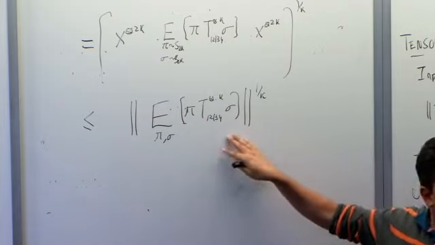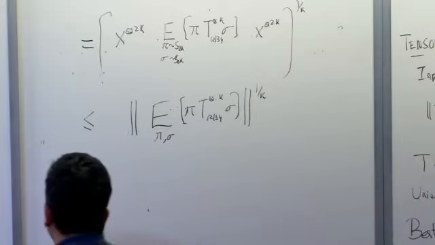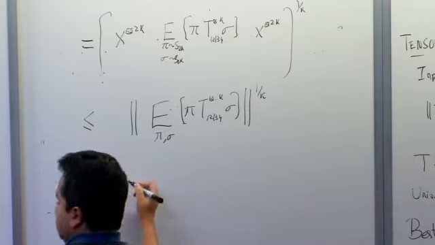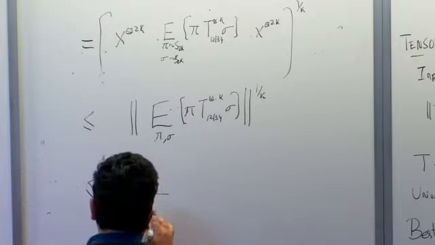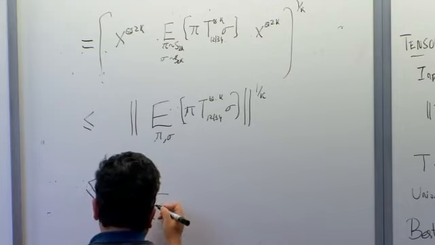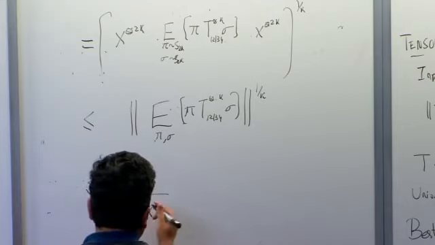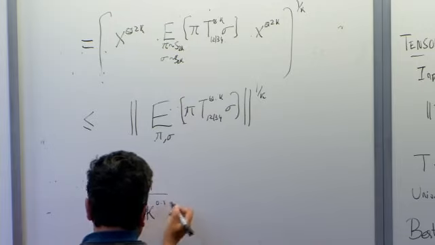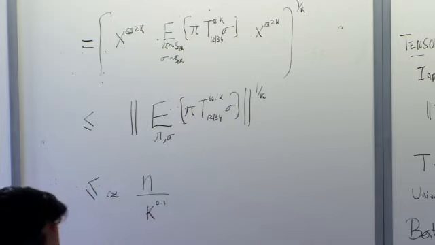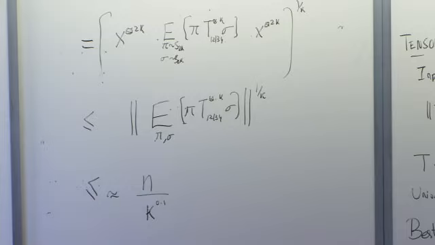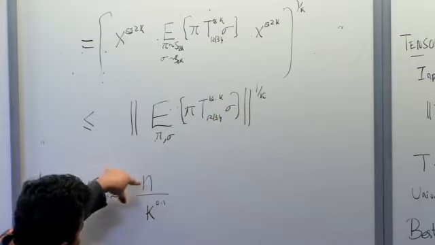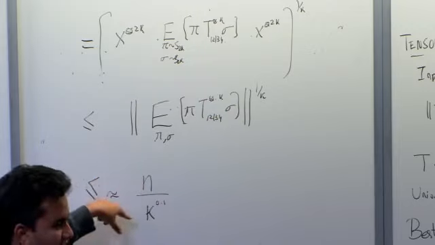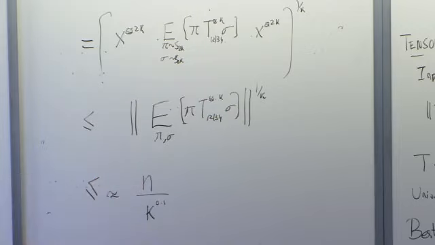We'll prove that this is actually at most, in the case of 4 tensors, roughly n over k, but today we'll just say n over k to the 0.1. Okay. So basically, you see that as I increase k, the amount of symmetrization, I get a better and better bound than the original thing which we had.